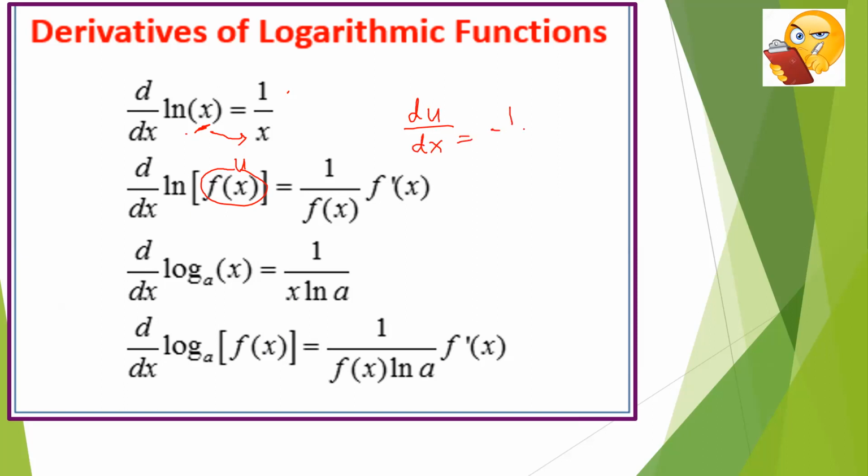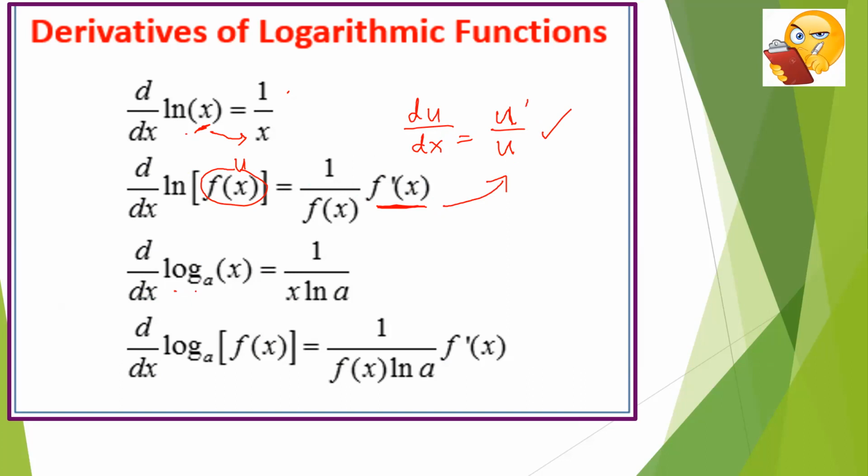That will be 1 over u. Kaya lang, yung derivative ng u with respect to x, that will be your times u prime. So, lagay na lang natin siya sa numerator, kasi 1 times u prime is u prime. So, lumalabas, ito lang yung ating magiging formula.